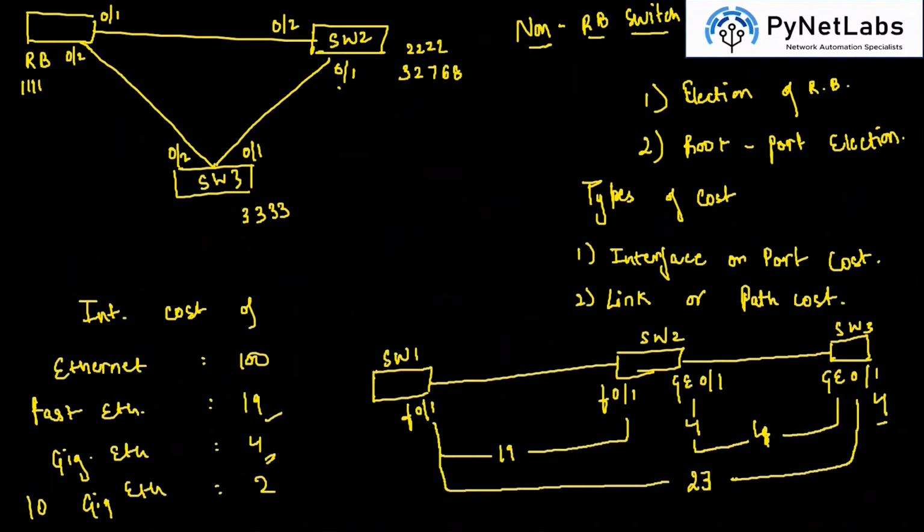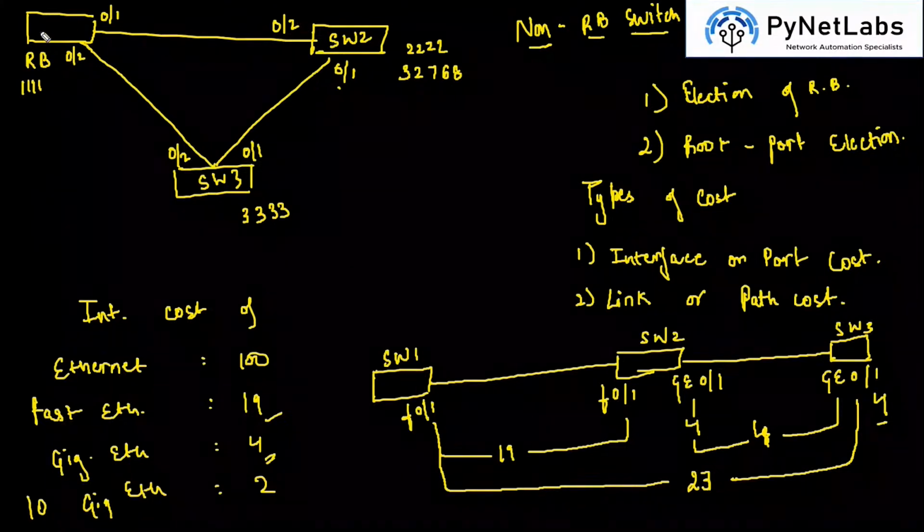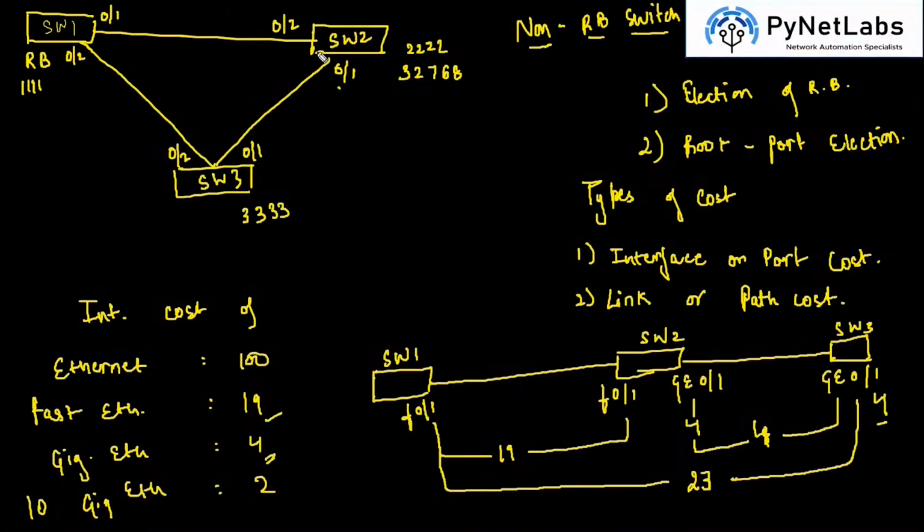We have just learned about cost, and you can say that whichever port is making the connection to the root bridge with the lowest cost can be considered as root port. In order to reach from switch 2 to switch 1, we have two options, right?